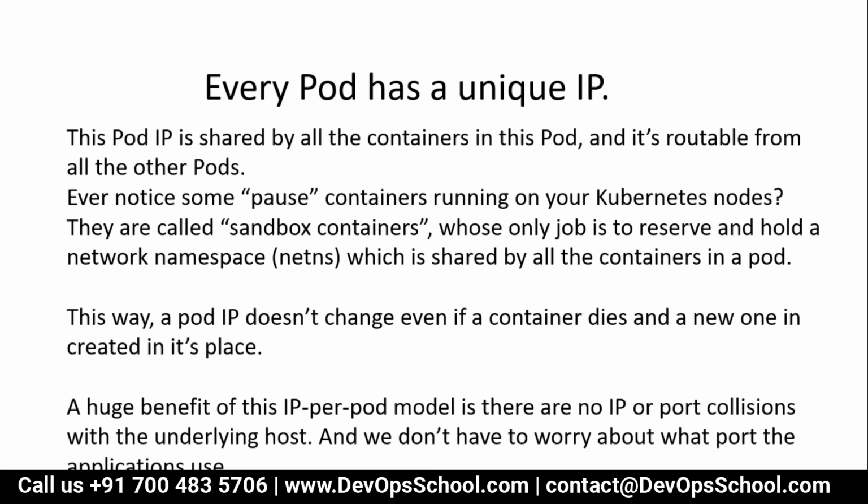That means if you want to access it from other pods, it's routable, and at the same time it is accessible from all the containers in the pod. So how is this happening? How do all the containers of the pod share the same IP address, and how is it routable? Both questions we need to understand.